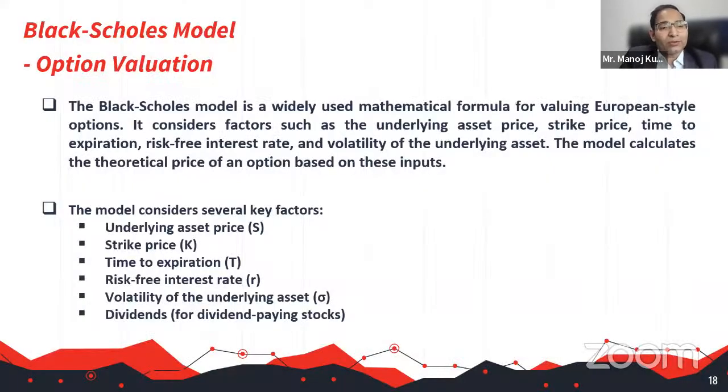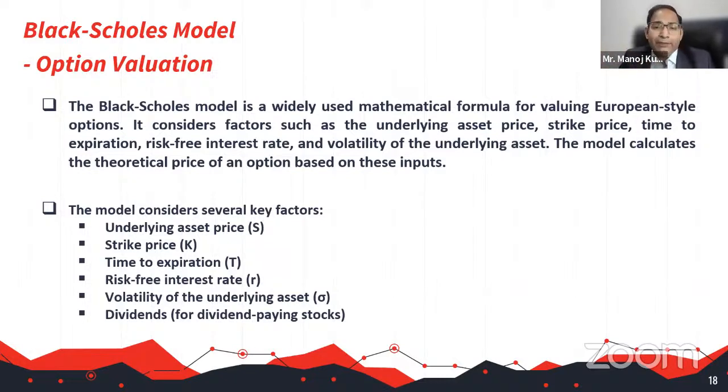If we talk about the Black-Scholes method, basically it is a mathematical formula for valuing European style options. European style options are basically options where the end of the period is considered to be the fair right to exercise the options.